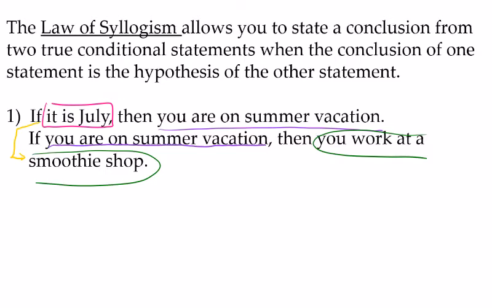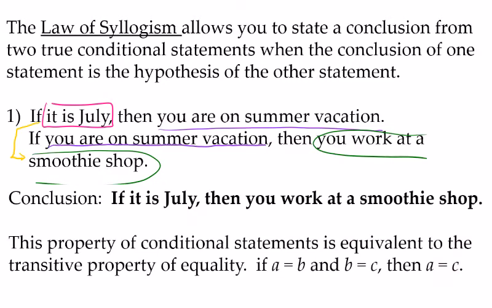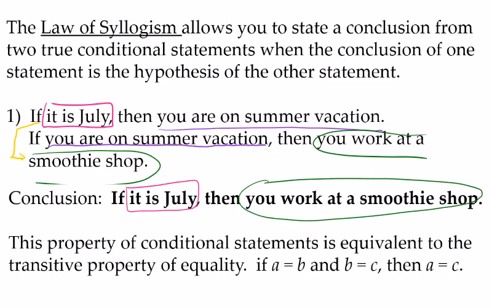And that's the law of syllogism. All right, so we can make that conclusion. And notice how this is the hypothesis of the first, conclusion of the second. So we basically skip that middle one, the second domino.